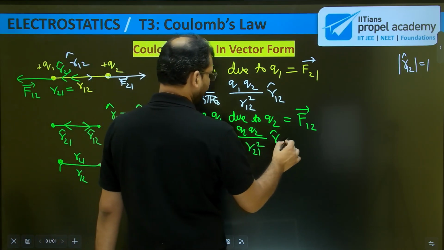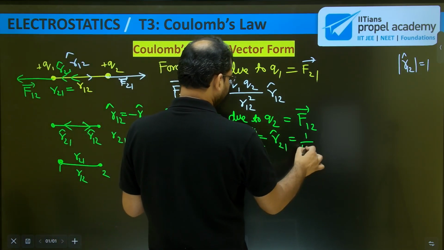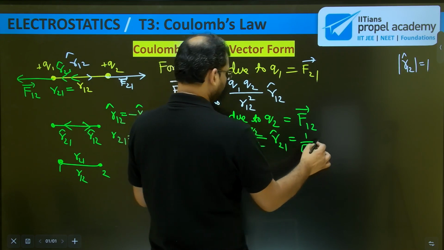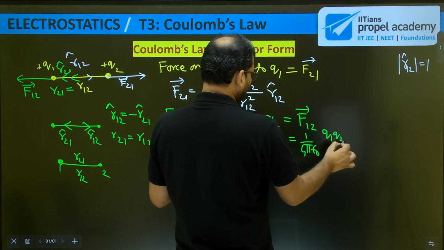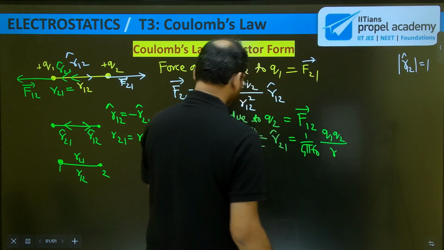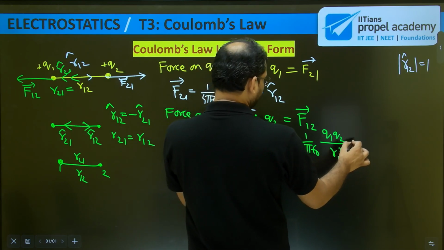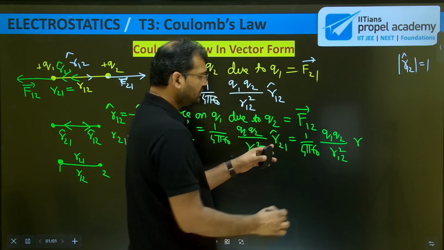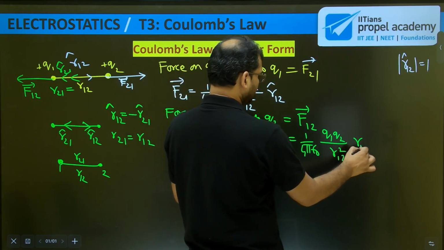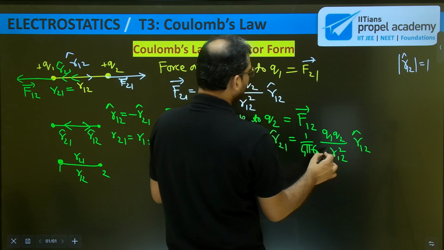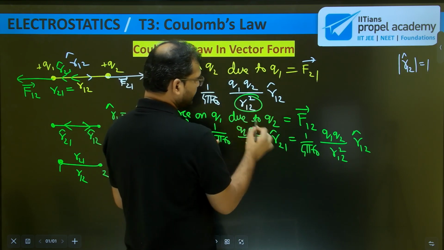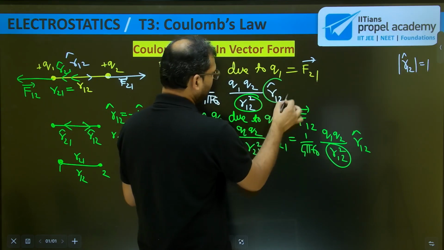I will use this idea. I will rewrite this as 1 by 4 pi epsilon naught Q1 Q2 by R12 squared, and in the place of R21 cap I will write minus R12 cap. If you observe carefully, this is the same as this and this is the same as this.